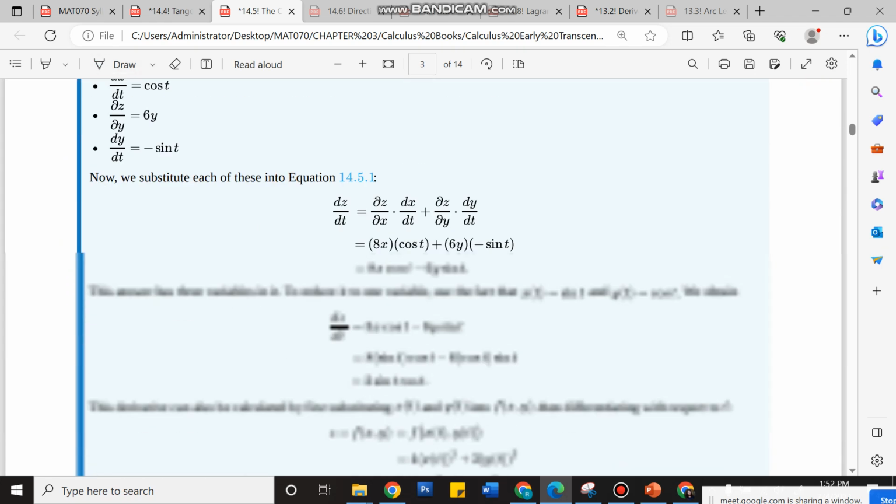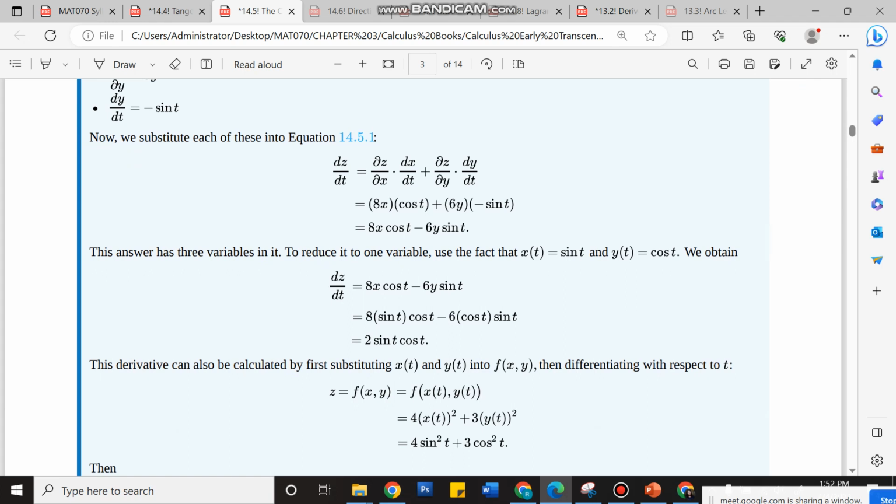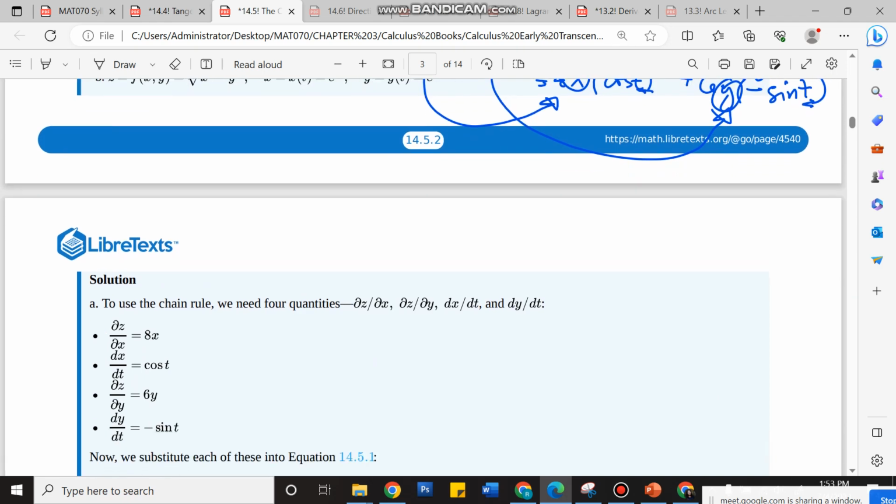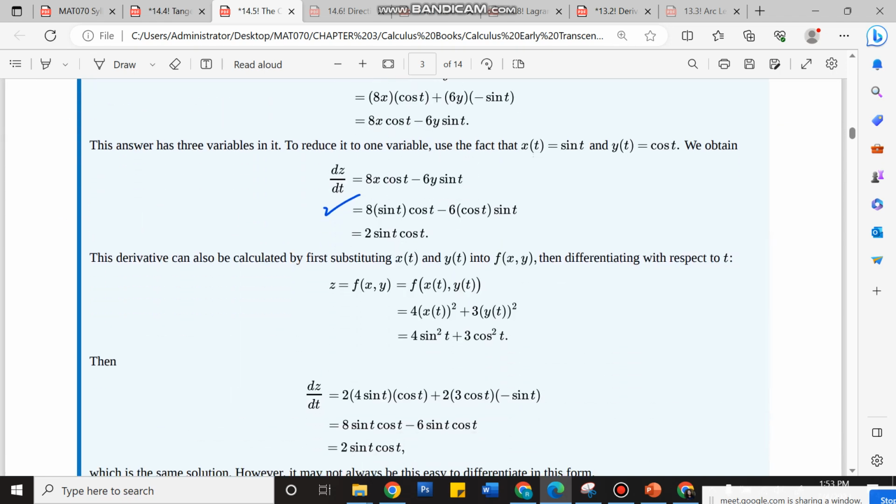So we have 8 sine t cosine t and negative 6 cosine t sine t. Using the double angle formula, we will consider this as a variable. So we have 8 minus 6 is 2. Okay?